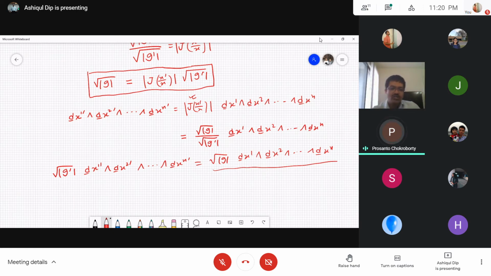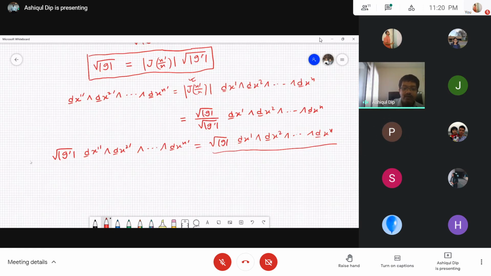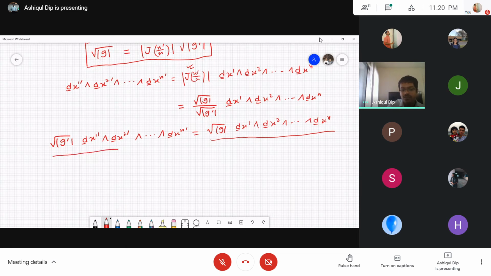So we can define this thing as our volume element. We call this the actual volume element. It's not coordinate volume, it's real volume.